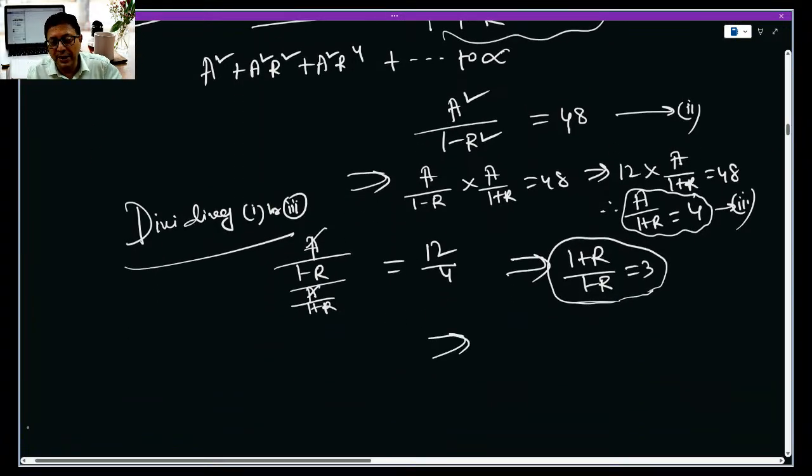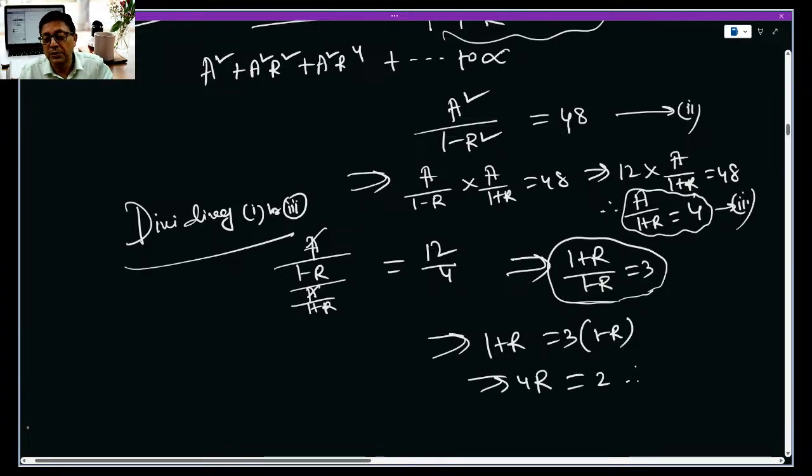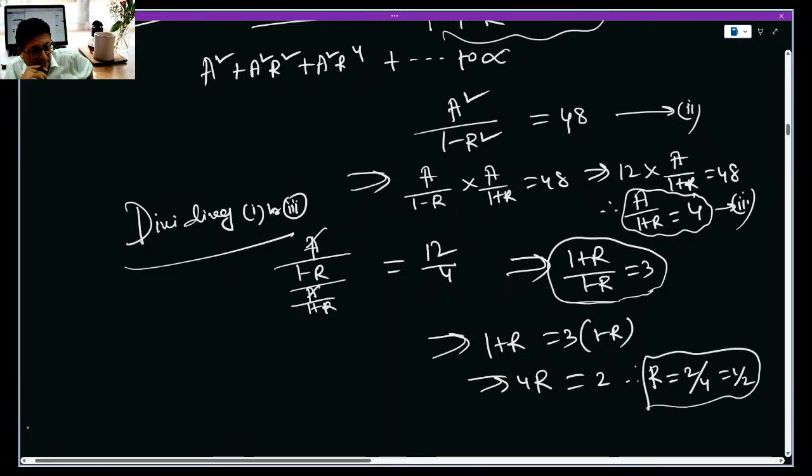Now just cross multiply and do it. So this implies 4R equal to 2, so R equal to 2 by 4, this is 1 by 2. Clear? So the value of R is equal to 1 by 2.